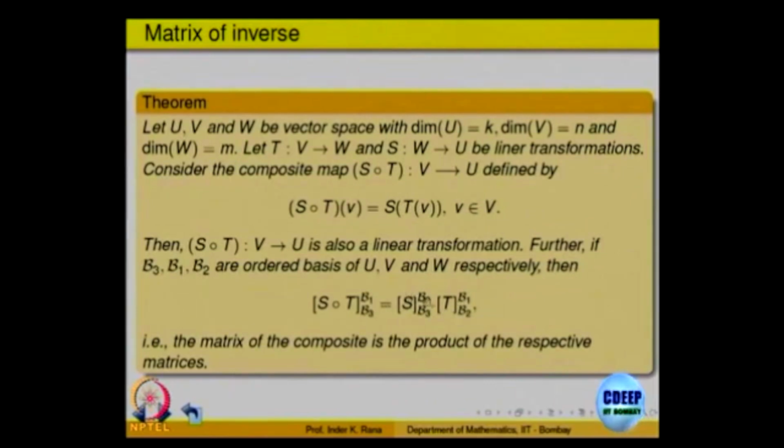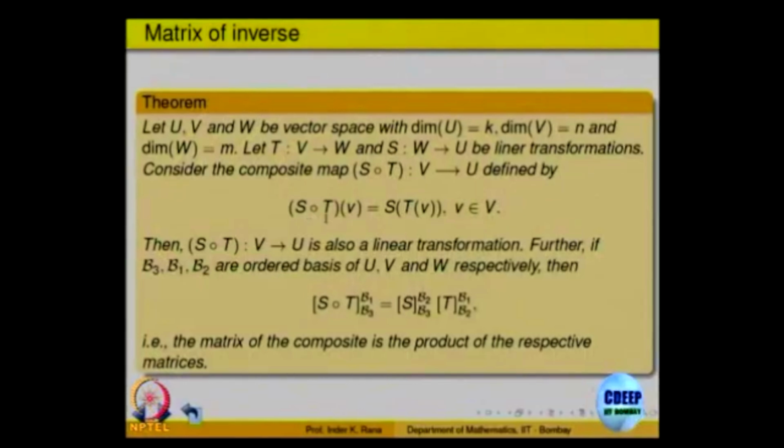In the composite, B2 is getting removed, so for S composite T it is B1 and B3. Again we will not prove this theorem, but you can compute an example. In the previous example itself you can take S and T, compose them, find the matrices of them and see that it is the product of the matrices.